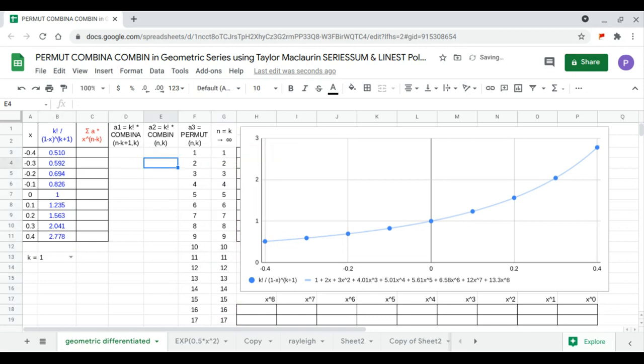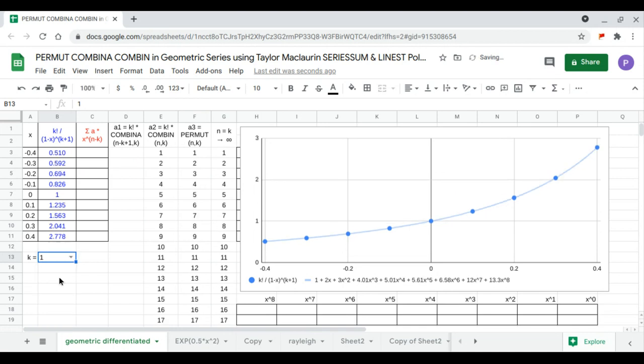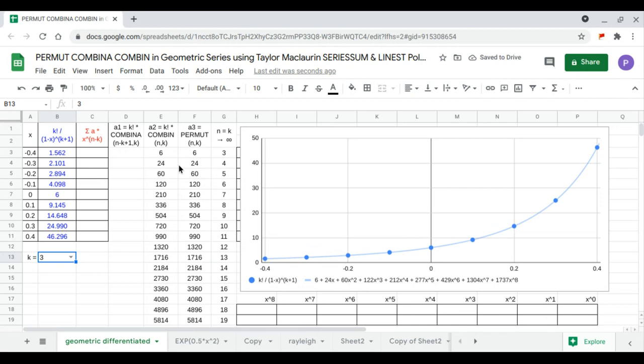Then enter. So starting from 0, then k equals 1, k equals 2, and k equals 3. Their values are the same.